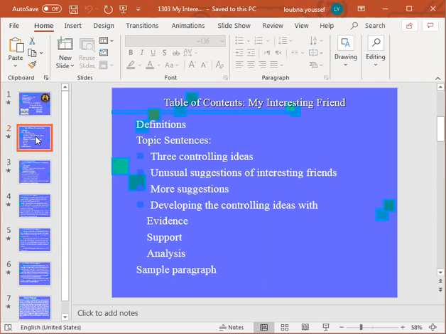Now, this is only a sample paragraph. You do not learn anything by heart, but this shows you how you can write, how you can develop your own ideas. And in the end, when you write about an interesting friend, this has to be your interesting friend, not mine, not anyone else's.